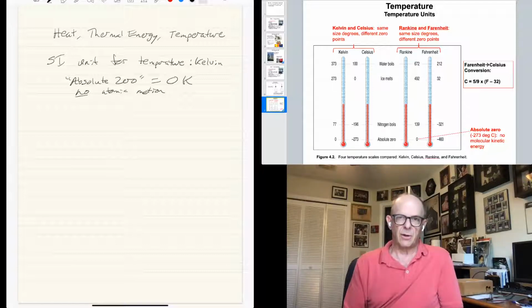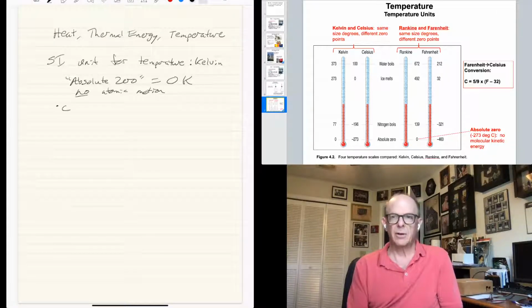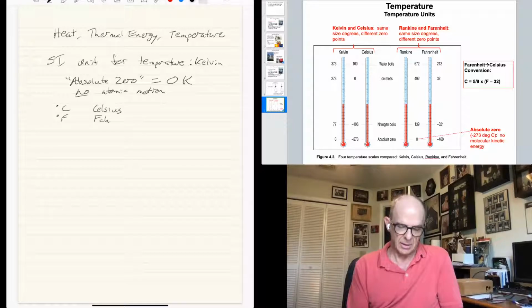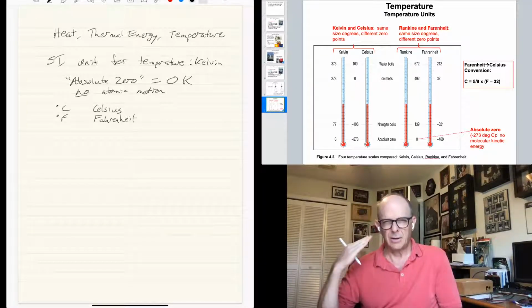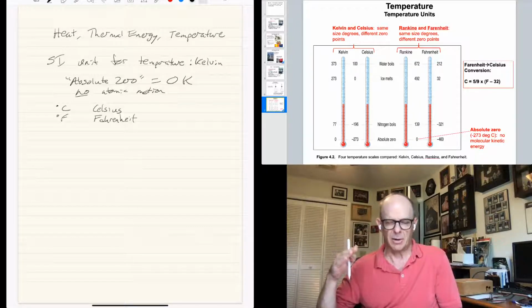Now, the units that we're used to dealing with when we're cooking or talking about the weather, we have degrees Celsius and degrees Fahrenheit. And the Fahrenheit temperature scale was meant to be 100 at the normal body temperature of a person, but kind of missed the mark a little bit.